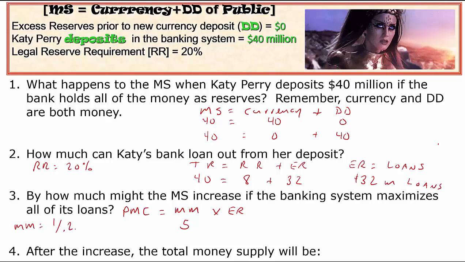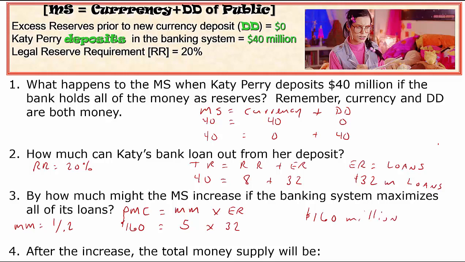Because it's 1 over 0.2. And our excess reserves from number 2 is 32. When I do the math, I can do this in my head: 160 million. So potentially the money supply could grow by an additional 160 million.